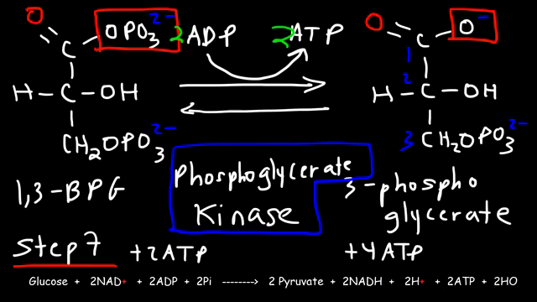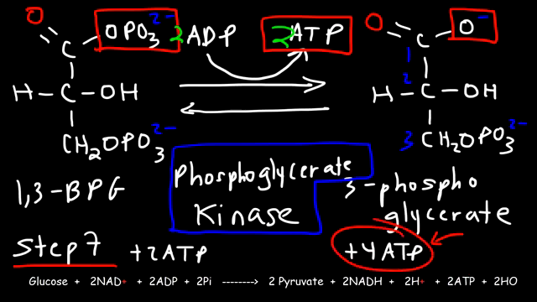But right now, these 2 units of ATP represent a portion of the 4 that we need to get during the payoff phase. So it doesn't represent the net gain. It's simply half of this number. The last thing I want to mention about this reaction is that it does require a magnesium 2+ ion to work as well. And so that concludes step 7 of glycolysis.